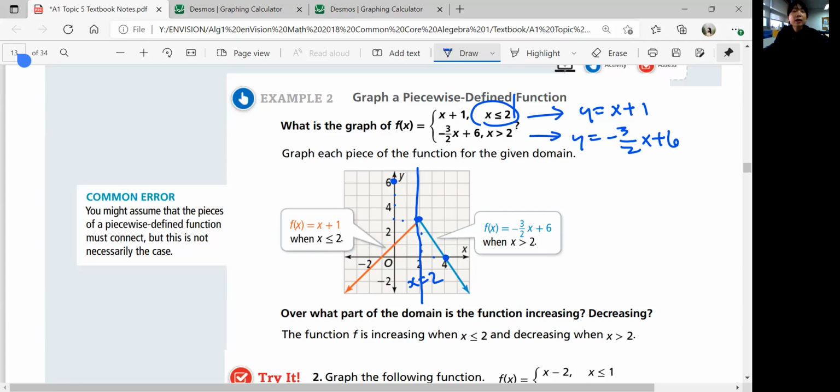Okay, can you have both of them equal to 2? No, because why? What is a function? In order to be a function, there's only one y value for each x value.